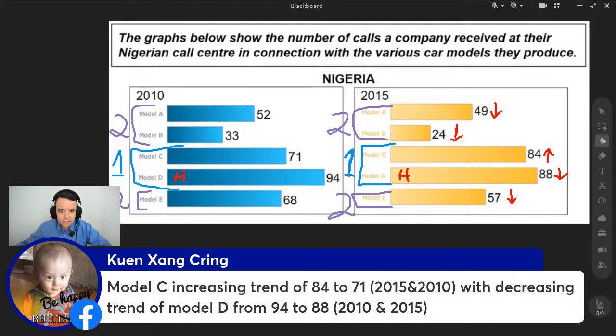Model C increasing trend of, so a trend is the overall, so like, you know, if something started low and finished high but had some increases and decreases in the middle, we call that the general trend. But here you just want to say Model C, the number of calls accounted for by the Model C car increased from 71 to 84. So don't go 2015 to 2010.